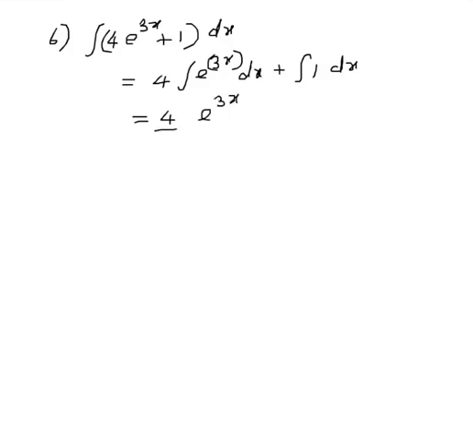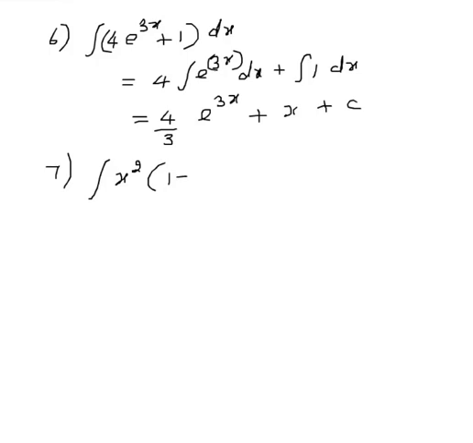E power 3x divided by the coefficient of x, plus integral of 1 is x, we know, and plus constant of integration. It's enough if you write one constant of integration. As I said, one constant of integration for this plus c2 for this, together we can write it as one constant of integration c.